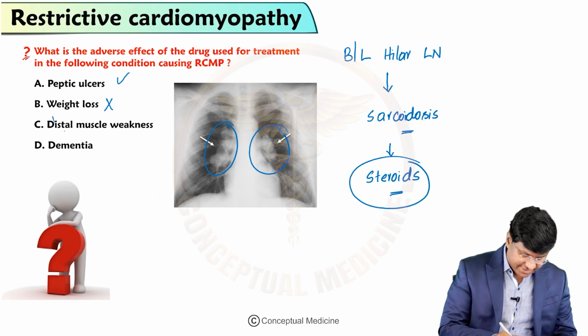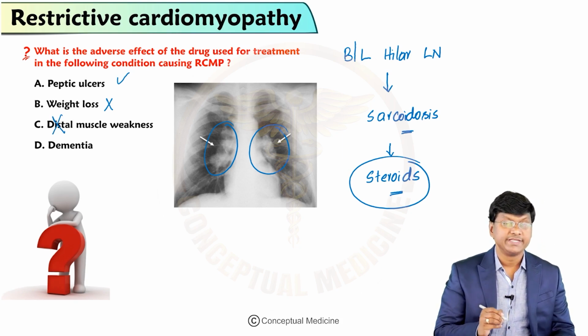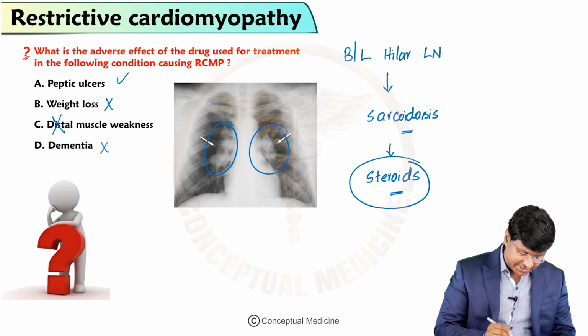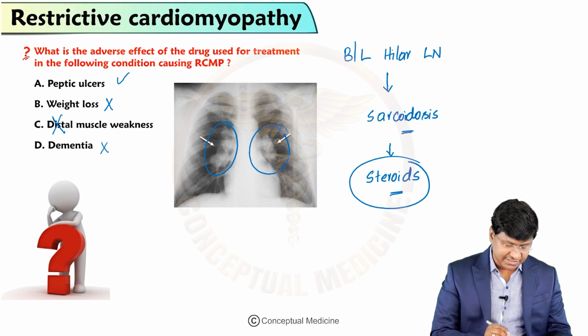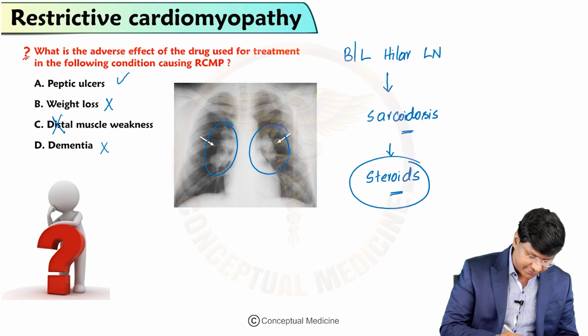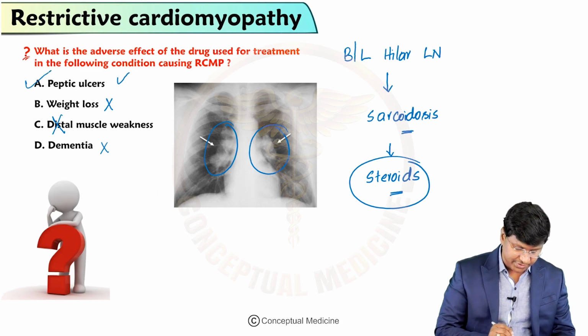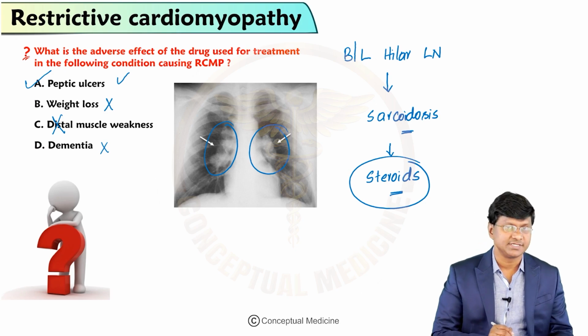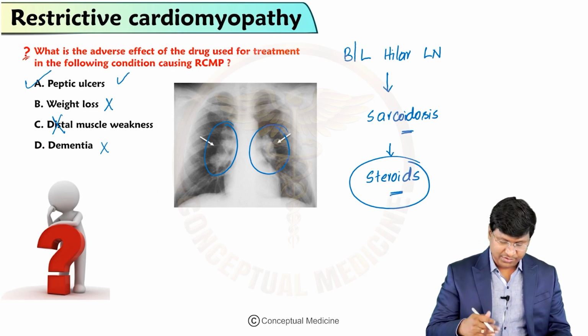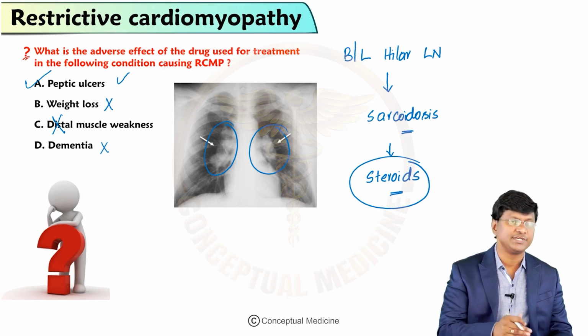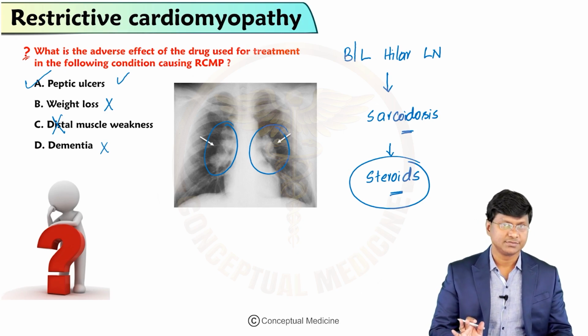They will not have distal muscle weakness; in Cushing's there will be proximal muscle weakness, and dementia is also not seen. So the adverse effect of the drug used for the treatment of the condition causing restrictive cardiomyopathy is peptic ulcers. The clinical diagnosis is sarcoidosis, the drug of choice is steroids, and steroids will cause peptic ulcers.